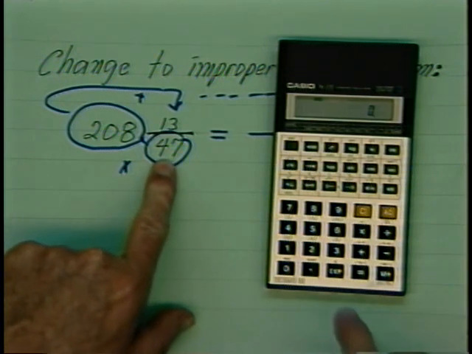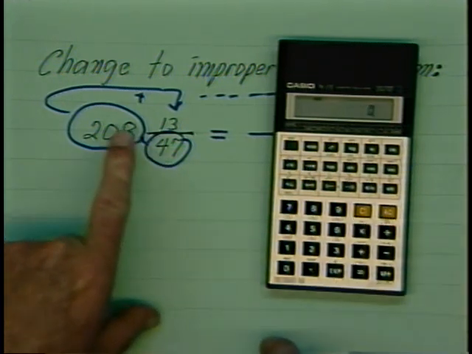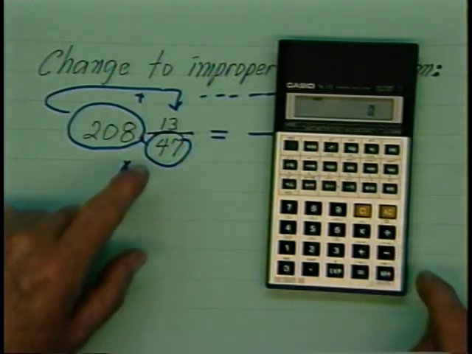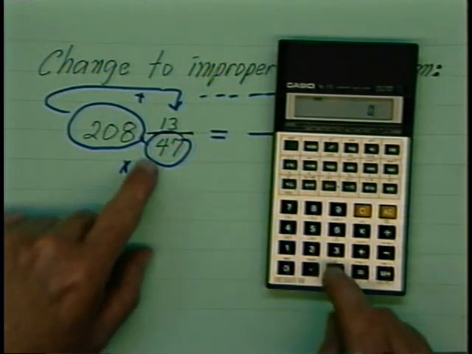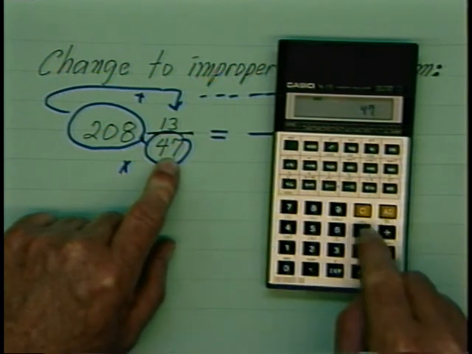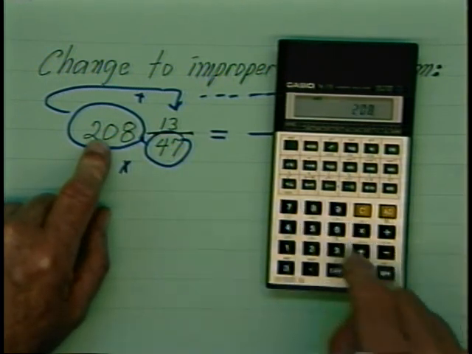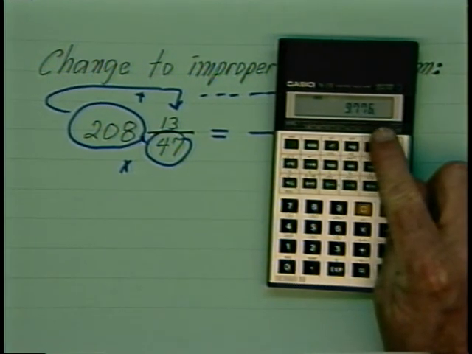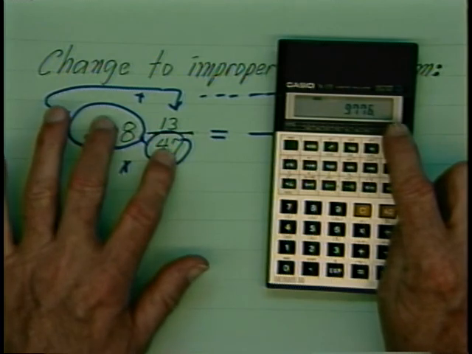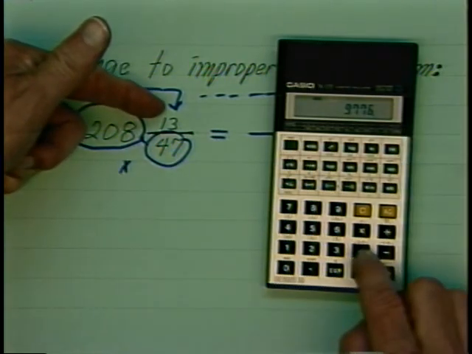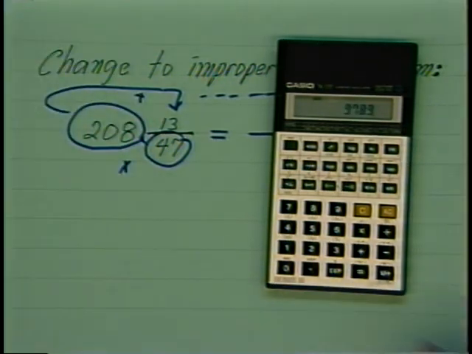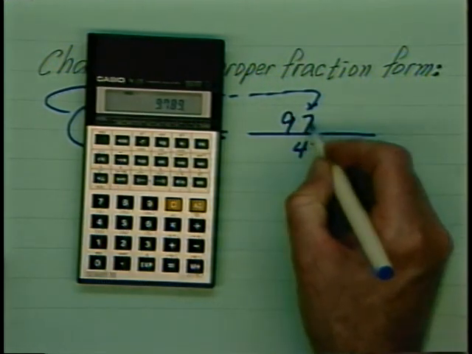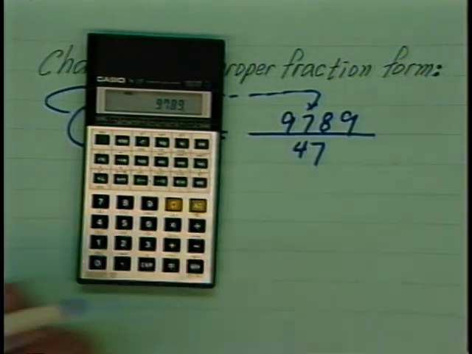So we take the bottom times the whole number, which gives us a very large number. Well, so be it. Then we must add that product to the top, so plus 13 equals, and we have the top of our improper fraction.